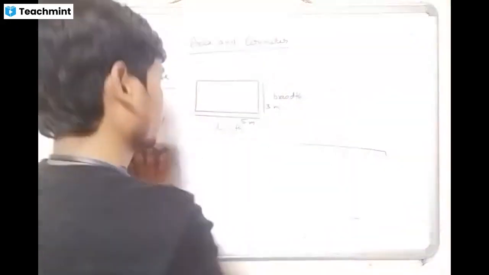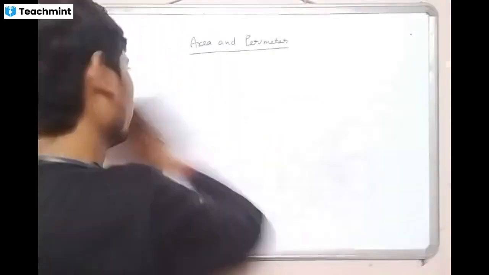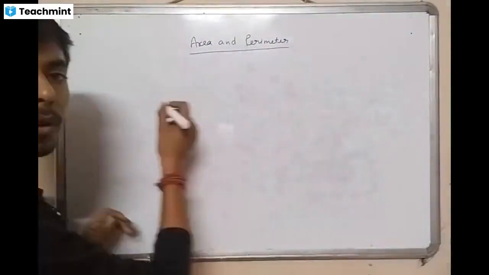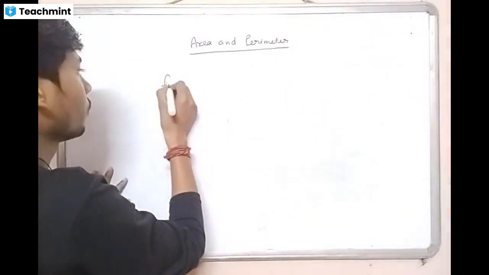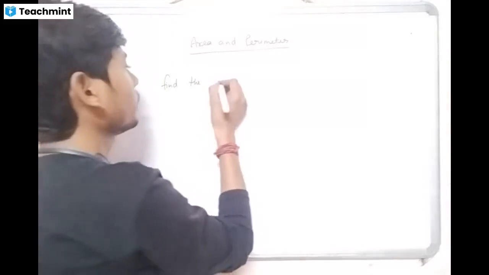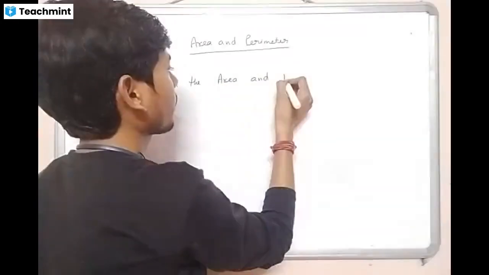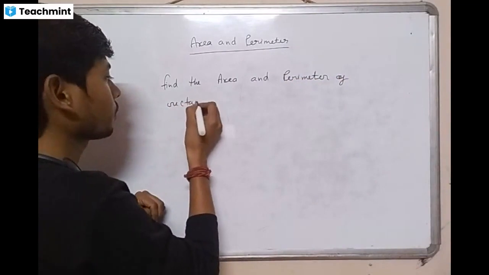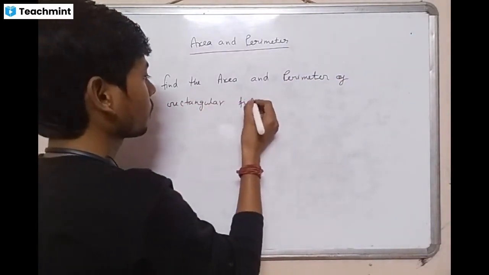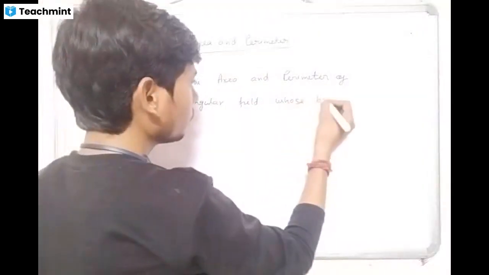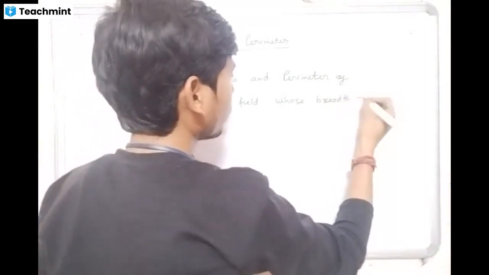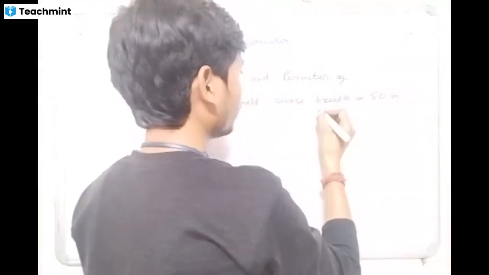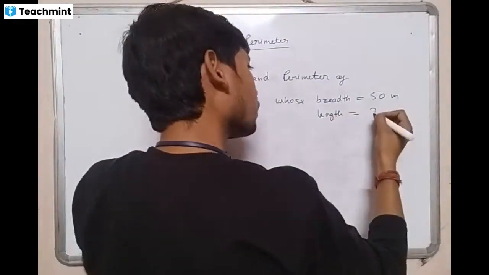Now let us discuss one question. Find the area and perimeter of a rectangular field whose breadth is equal to 50 meters and length is equal to 20 meters.